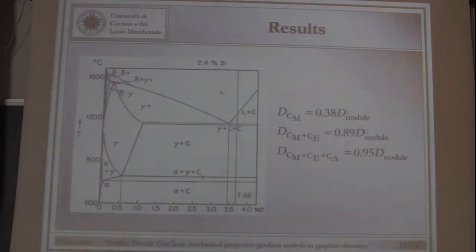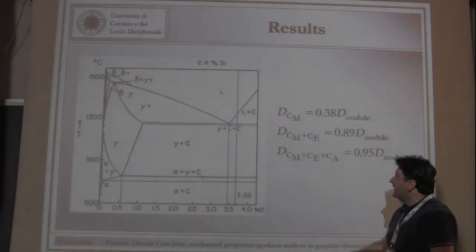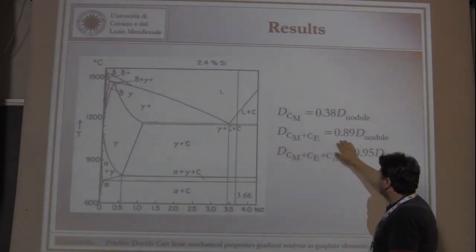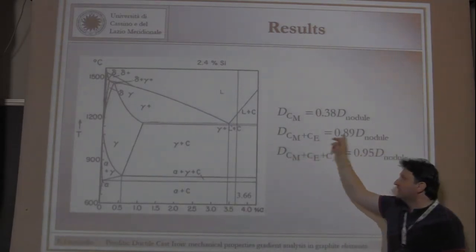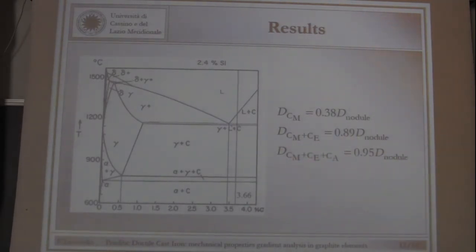It corresponds to the second nodule measurement, and we have another consideration about the diameter of the outer zone, which is realized in the eutectic solidification of the alloy.